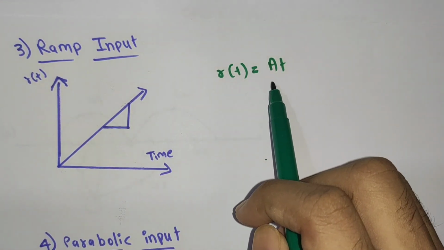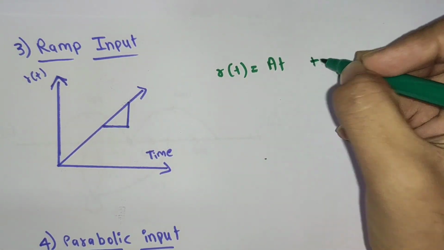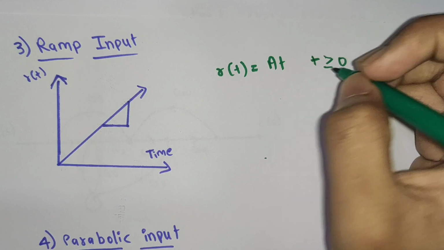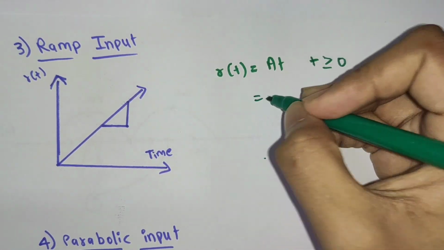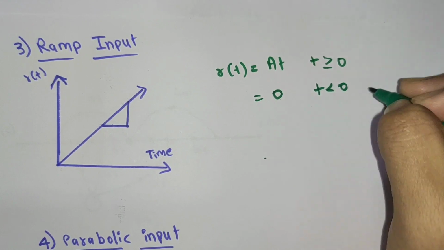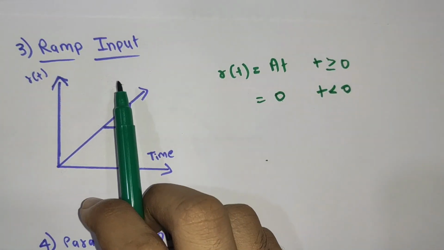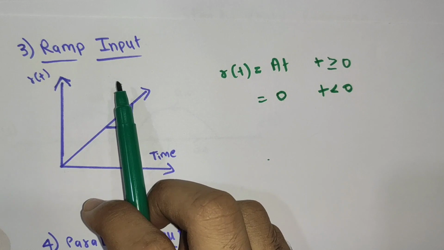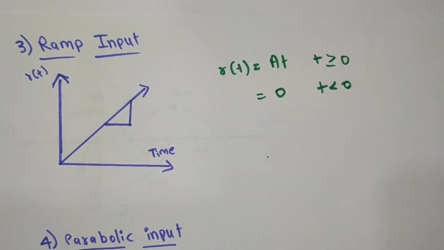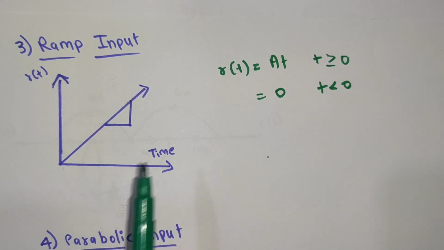So we can write it as a t for t greater than or equal to 0, and it will be equal to 0 for t less than 0. That means the ramp input will be positive for all the values. The ramp and the unit input can never be negative, they will always be positive.